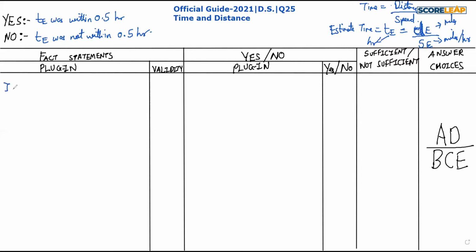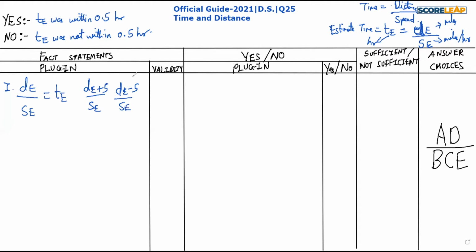Statement 1 says that Joanne's estimate for the distance was within 5 miles of the actual distance, which means DE by SE equals TE. Now here DE is within 5 miles, so it can be DE plus 5 divided by SE, or DE minus 5 divided by SE.